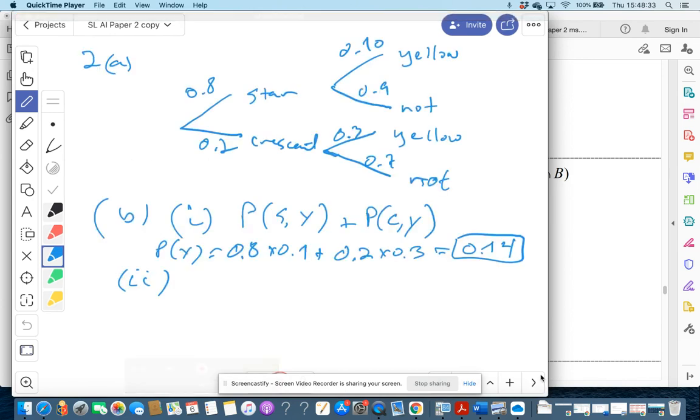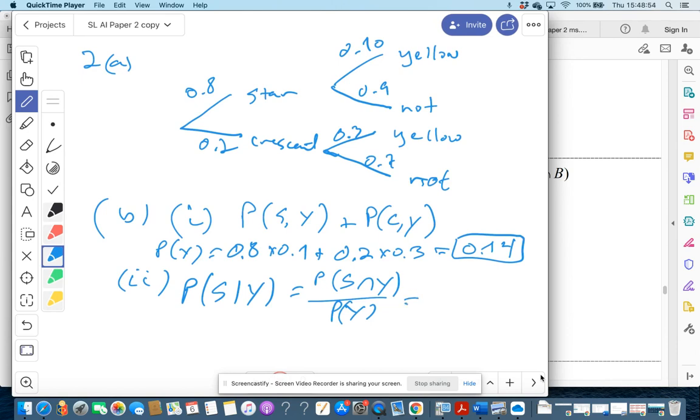Okay, so the probability of star given yellow is going to be equal to the probability of a star and it's yellow divided by the overall probability of yellow that I just calculated above.